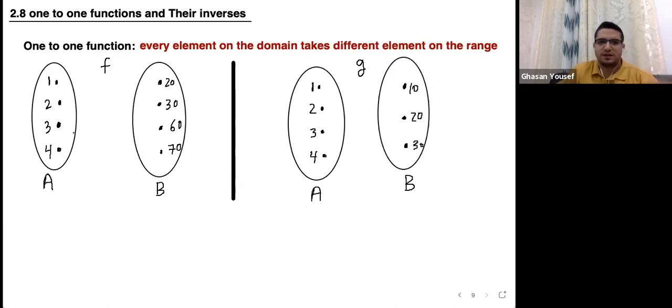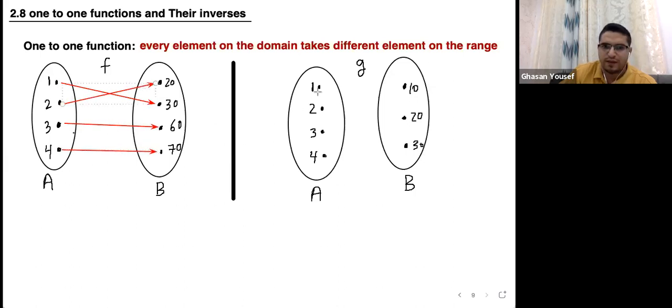For the first function, 1 goes to 30, 2 goes to 20, 3 goes to 60, and 4 goes to 70. For the second function, 1 goes to 20, 2 goes to 10, 3 goes to 30, and 4 goes to 20.